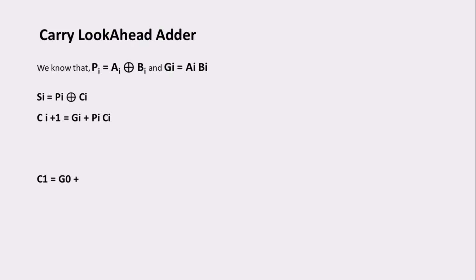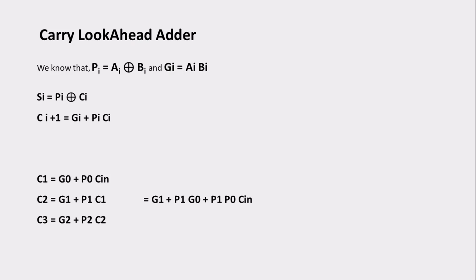Now we know that our propagation is ai XOR bi, and our generation is ai into bi. The sum equation is totally dependent on propagation and carry in, and the carry out is dependent on the generate signal as well as the propagate signal.